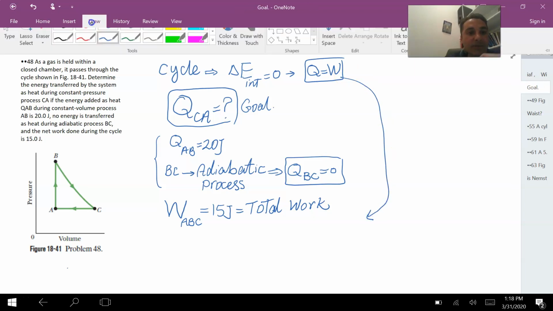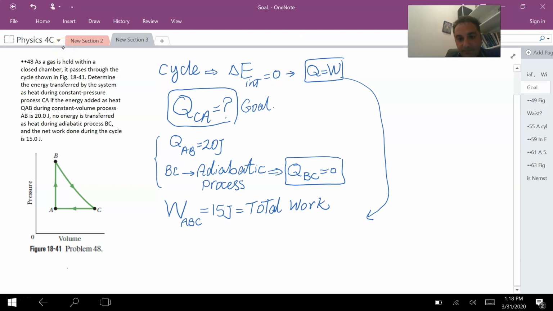Let me write in a different color. Guys, the equation tells me W is Q, therefore can I say Q in the path of CA, watch out, plus Q in the path of AB, plus Q in the path of BC.